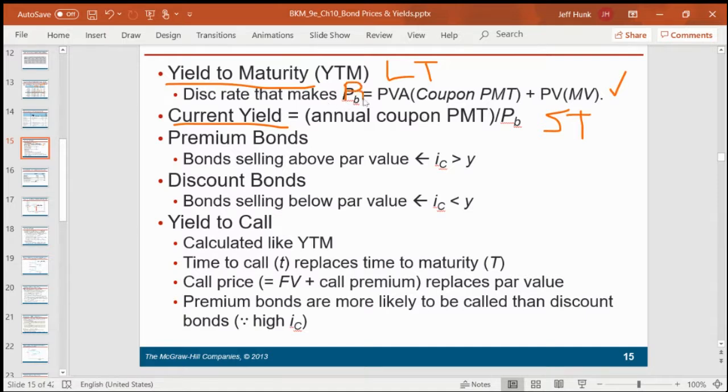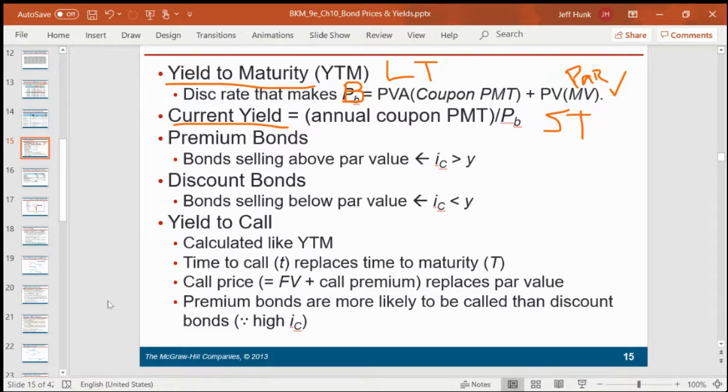Actually, the symbol should be uppercase B for intrinsic value of the bond. To find the intrinsic value of the bond, it's the present value of annuities, which is all the coupon payments, and the present value of the par value or the maturity value.